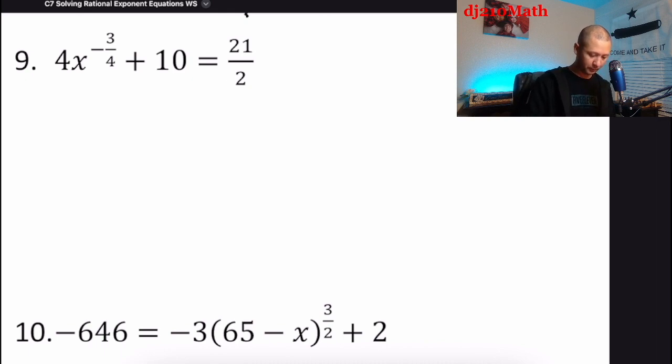So what do you think? We could subtract 10 from both sides. I don't like this fraction though. What if we clear the fraction? If we clear the fraction, we're still going to end up with the fraction because we're going to have to divide by 4 at some point. Does it really matter?